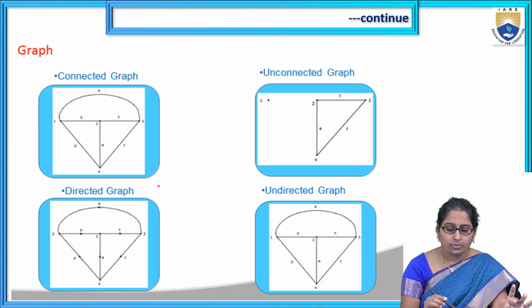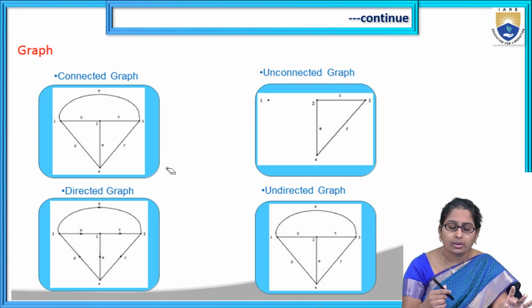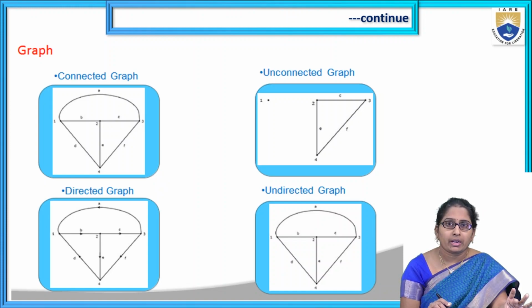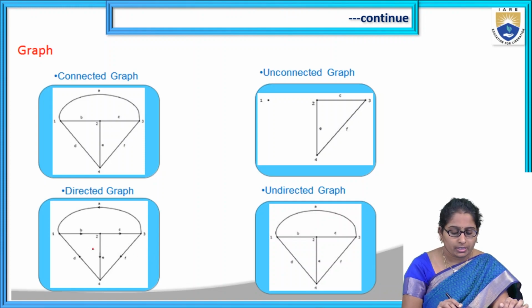Next thing is directed graph. Directed means the branches are represented with their directions. So that is called directed graph. You can see all the branches here having the directions: branch A, branch B, branch C, branch D, branch E, branch F. Every branch is represented along with the direction.